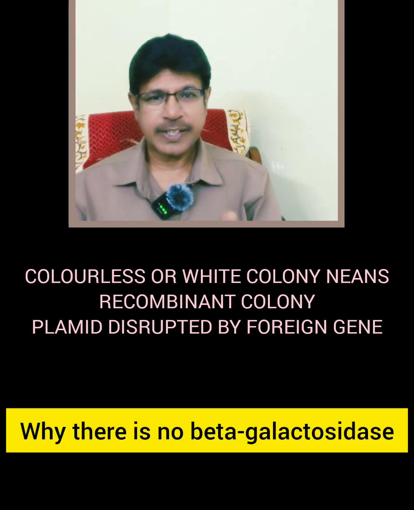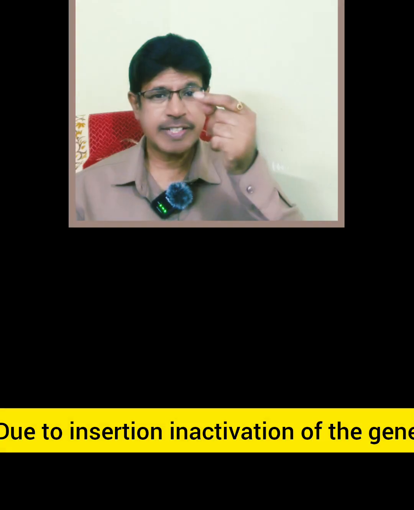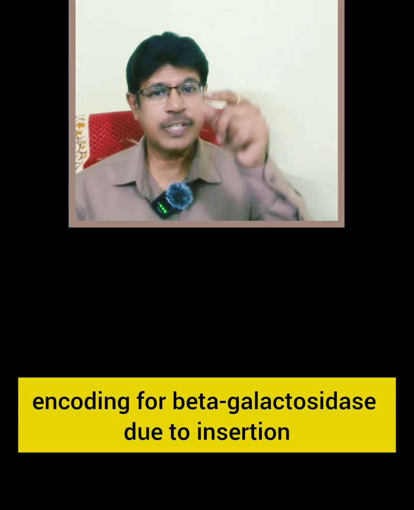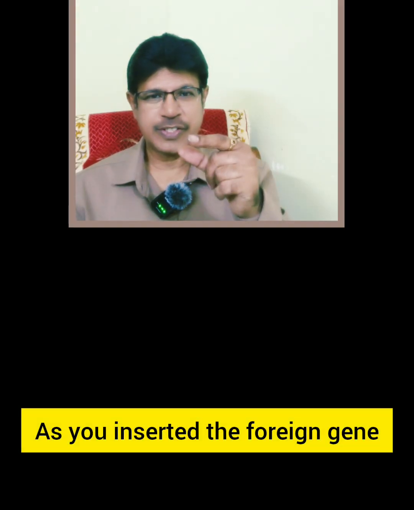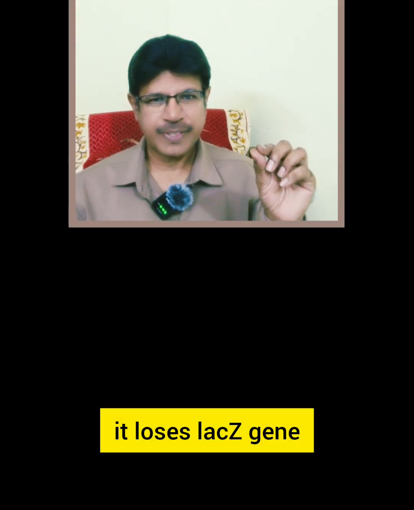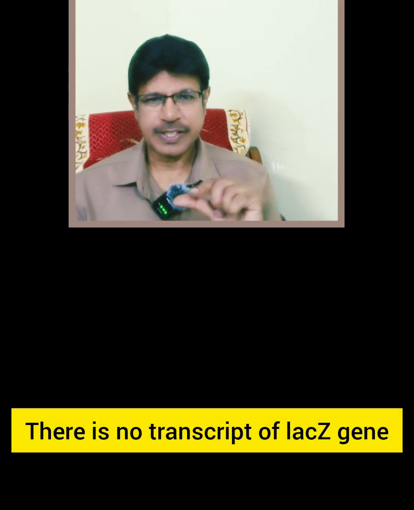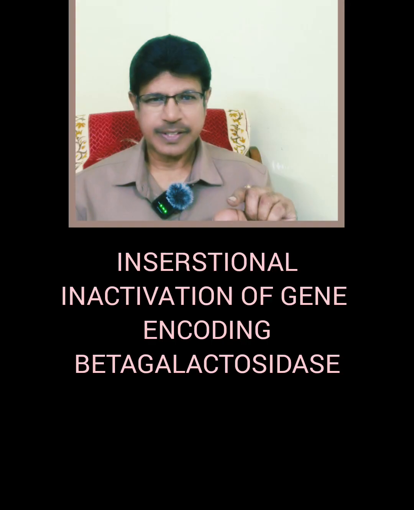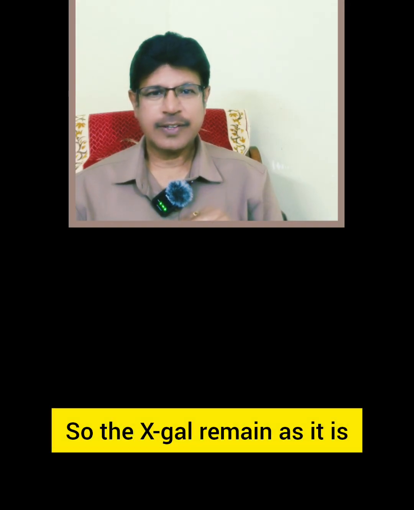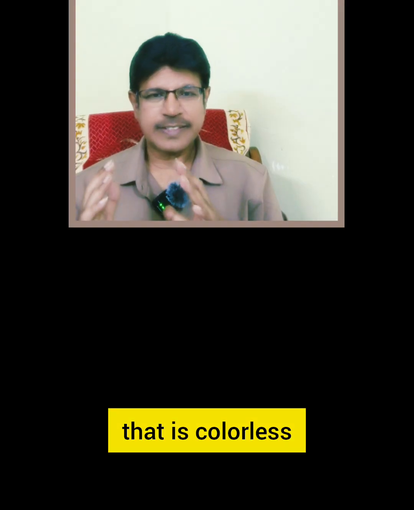Why is there no beta-galactosidase? Due to insertion inactivation of the gene encoding beta-galactosidase due to insertion of the foreign gene. As we inserted the foreign gene, it loses the lacZ gene. There is no transcript of the lacZ gene. There is no protein product, translation product, that is beta-galactosidase. So the X-gal remains as it is, that is colorless.